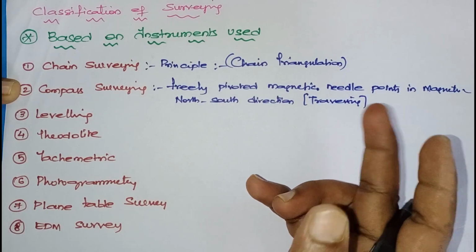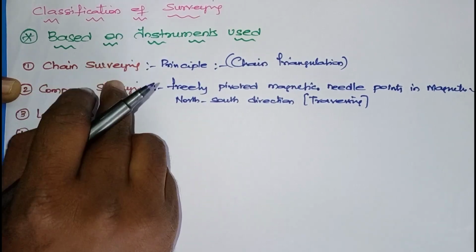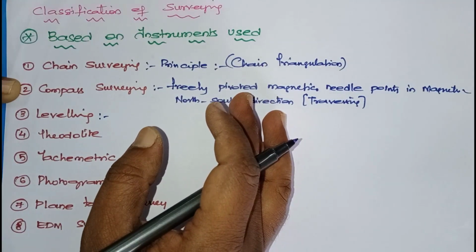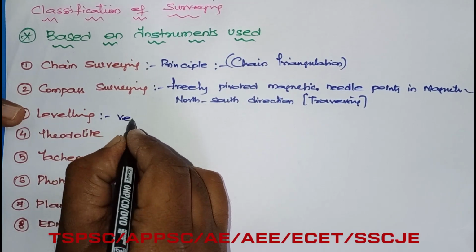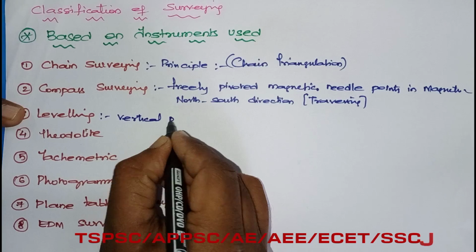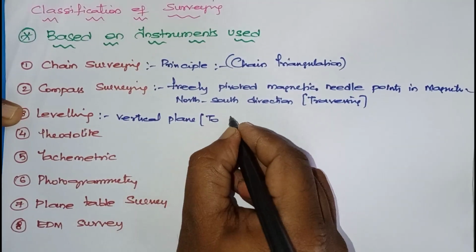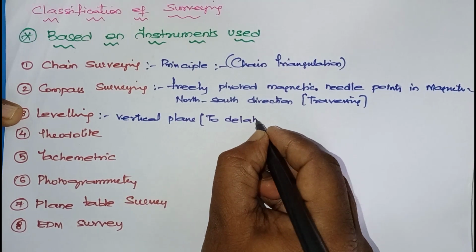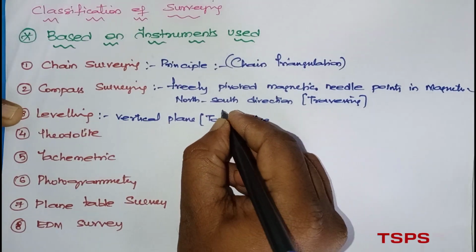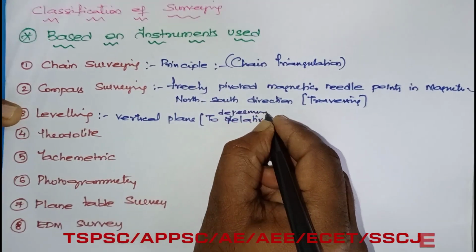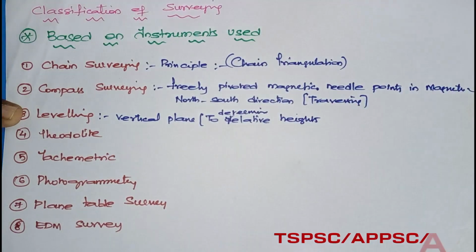Next, leveling surveying. What is this? See, generally surveying is done in the horizontal plane. Here, leveling is done in the vertical plane. What is the aim? To determine relative heights, the level difference, in this vertical direction.